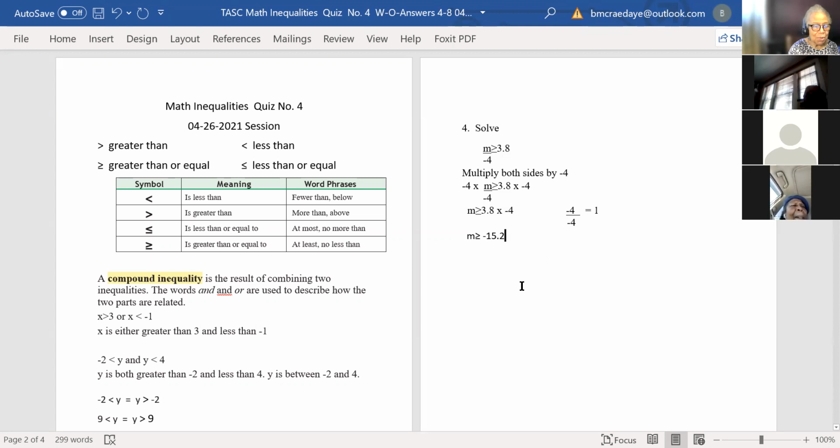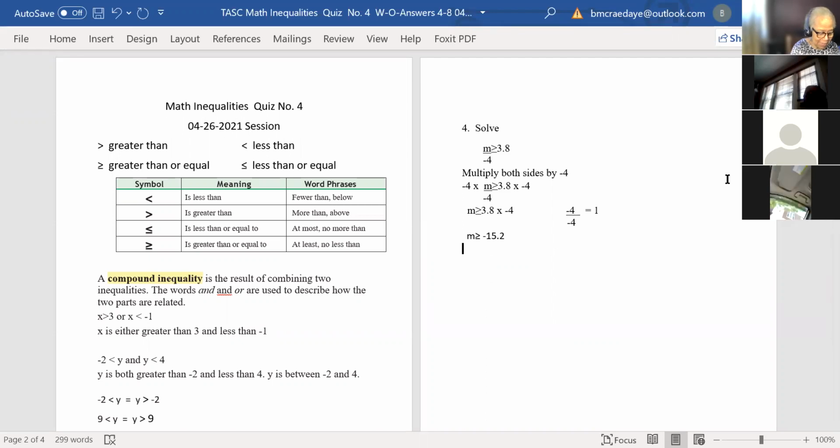What do we do? There's a rule. What's the rule when you multiply or divide by a negative number for an inequality? What do you do with the inequality symbol? You reverse the inequality. That's right.